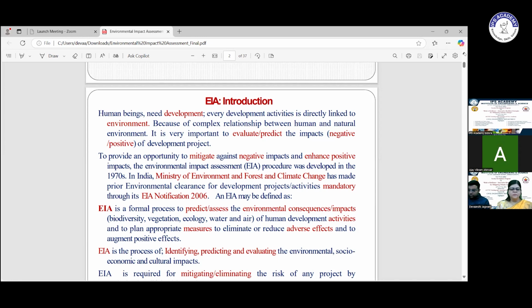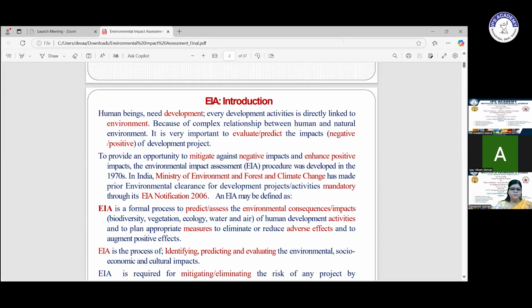It is a formal process to predict, first, we have to predict or assess the environmental consequences or impacts, like on biodiversity, vegetation, ecology, water and air, of human development activities, and to plan appropriate measures to eliminate or reduce the adverse effects and enhance the positive effects.